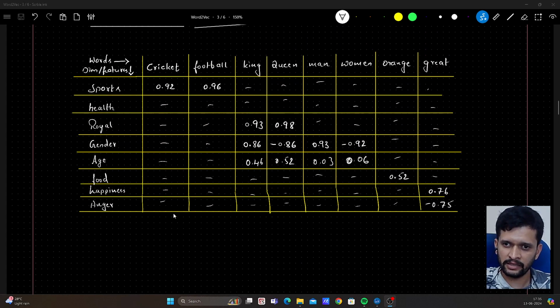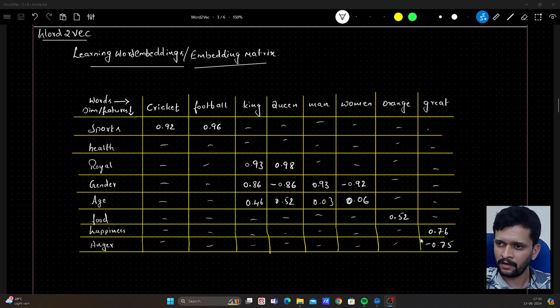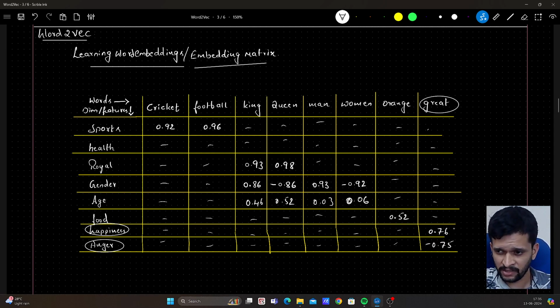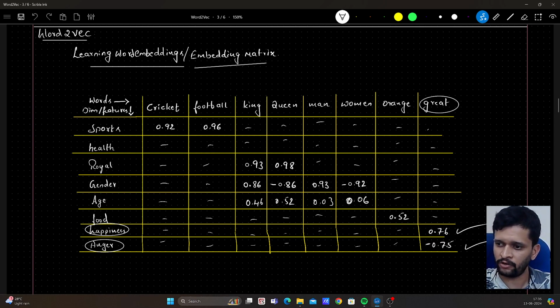Now you can see in this embedding matrix the word great, the example I took just now. I have happiness and anger as my features, or dimensions. Great is expressed in the form of happiness, so it gets 0.76, but the same word great is also used to express the emotion anger, so it has a similar value, but the sign is negative.